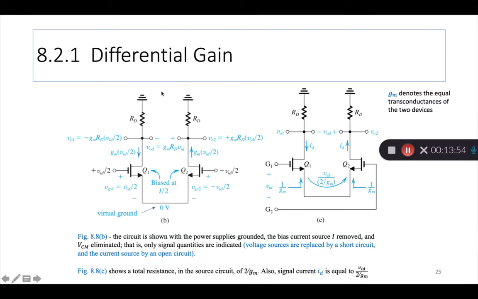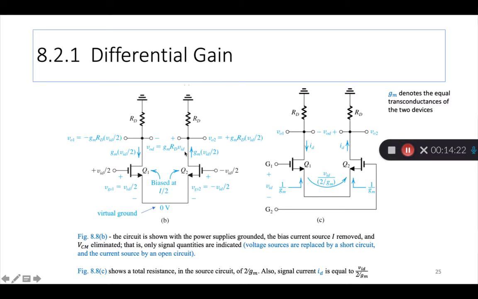If you have a VDD, just replace it with a short circuit. And we had a current source here, open it. So what you're left with is a circuit on which you can do simple Ohm's law and KCL, KVL to understand the resulting voltages and currents.